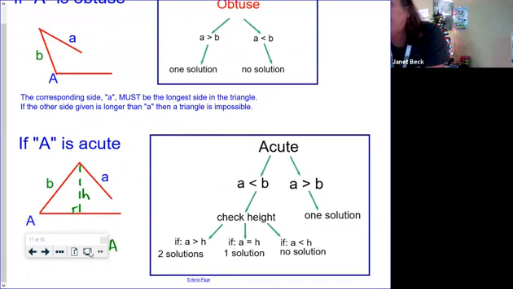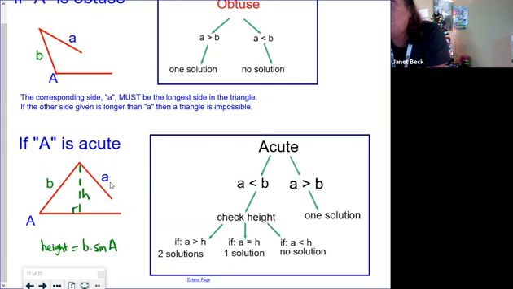If the angle you've been given is acute and this side is short, if A is shorter than B, you've got a real headache. Check the height. If this side is longer than the height, you're going to have two solutions. If this side equals the height, you've got a perfect right triangle with one solution. If this side is shorter than the height, no solution is possible.